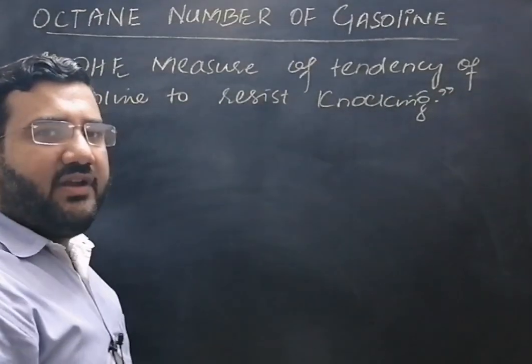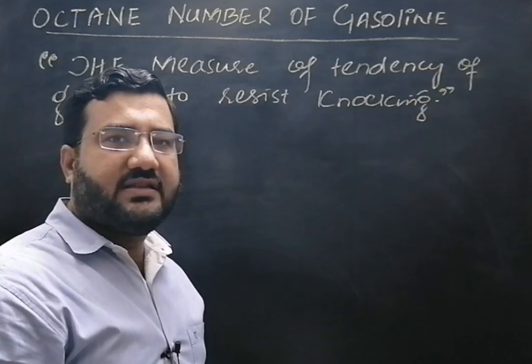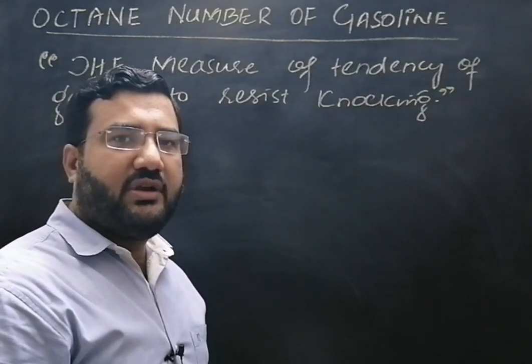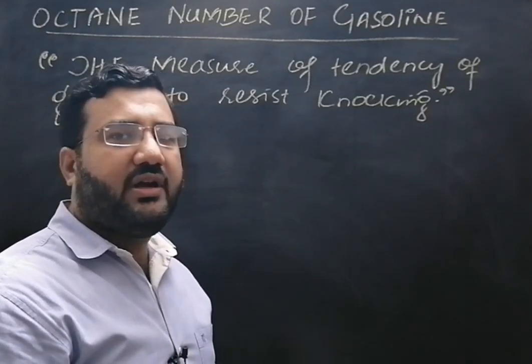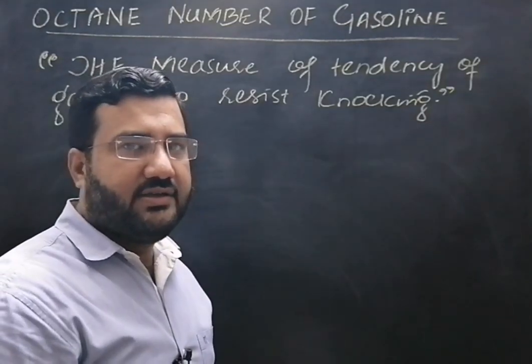So the gasoline having high octane number has greater resistance to knocking, while the gasoline having lower octane number has lesser resistance to knocking, or it produces knocking in the engine.